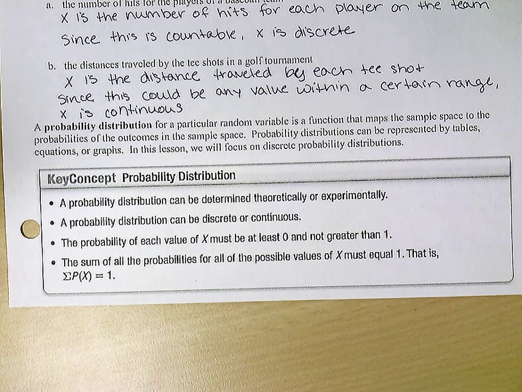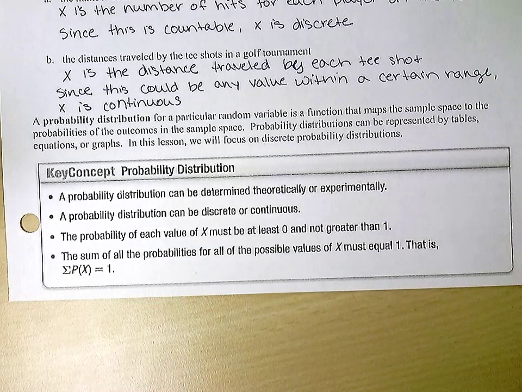It can't be negative, and you don't want it to go over 1 because that's over 100% probability then. The sum of all the probabilities for all of the possible values of x must equal 1. So if I were to add up each probability that I find, it should equal 100%, so that would be 1.